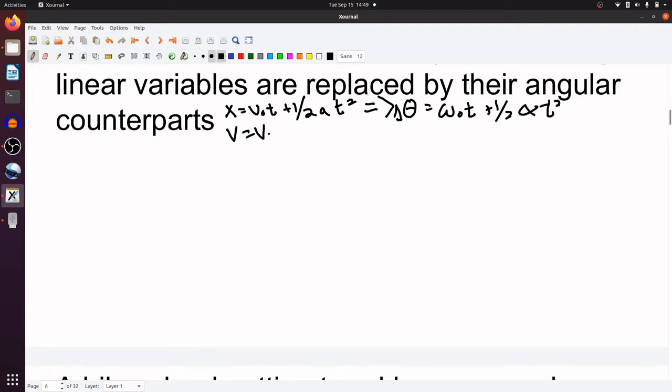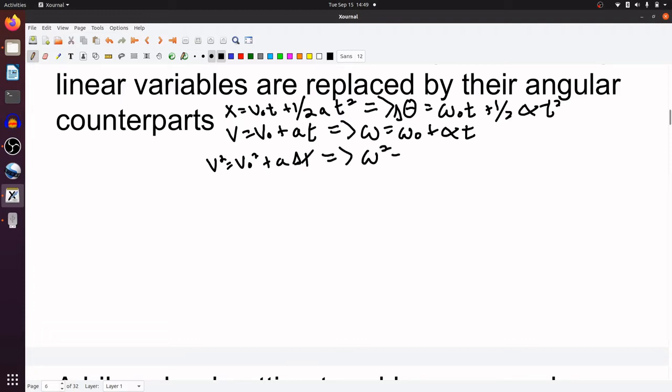The v equals v naught plus at becomes omega equals omega naught plus alpha t. V squared equals v naught squared plus 2a delta x becomes omega squared equals omega naught squared plus 2 alpha delta theta.